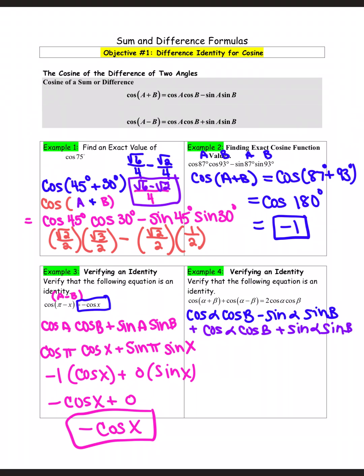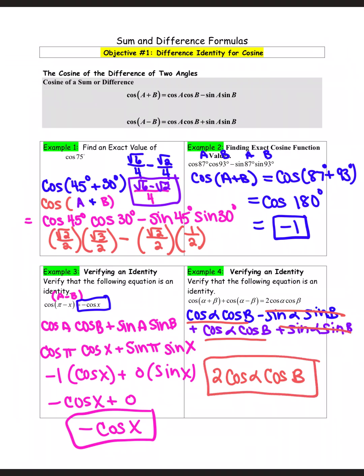And when we collect our like terms, notice we have cosine of alpha, cosine of beta. We have two of those right here and right here. So we have 2 cosine of alpha, cosine of beta. And notice negative sine of alpha times sine of beta cancels out with plus sine of alpha, sine of beta. So my final answer is 2 cosine of alpha, cosine of beta, and that's exactly what I was verifying.